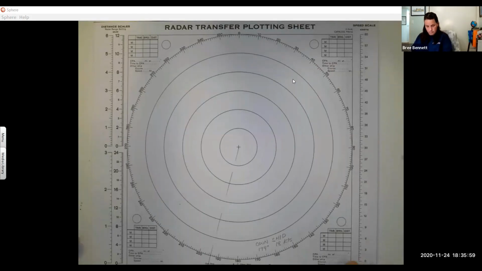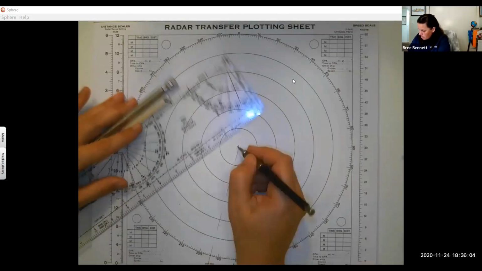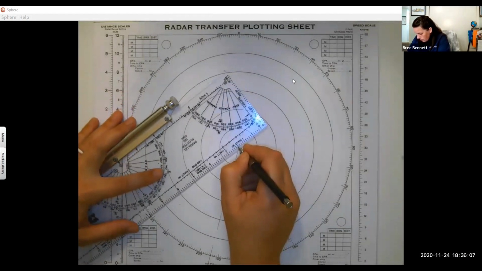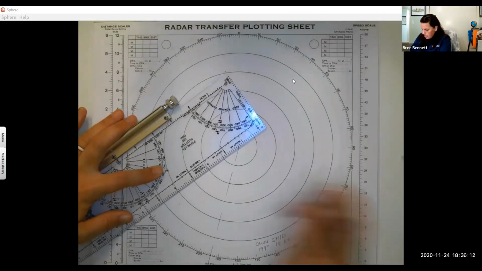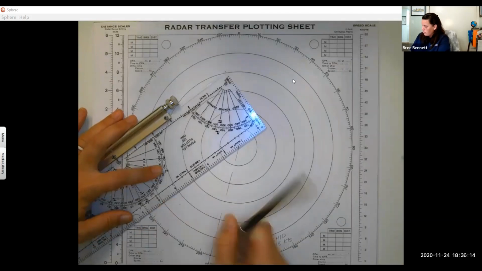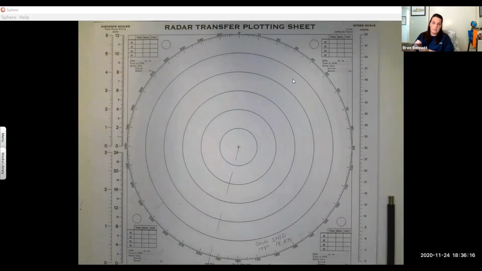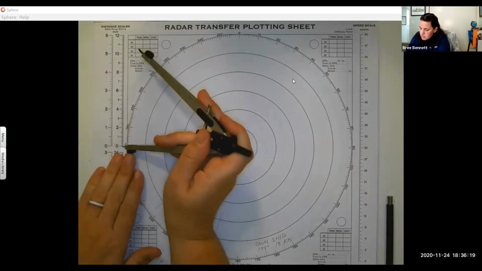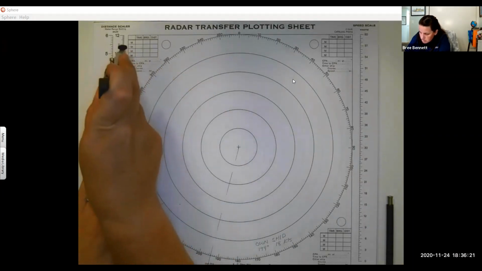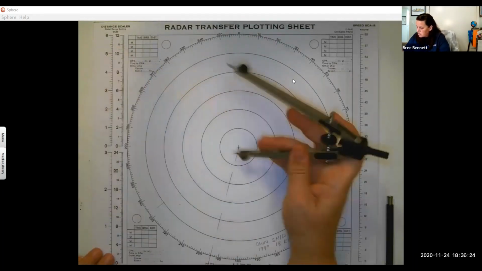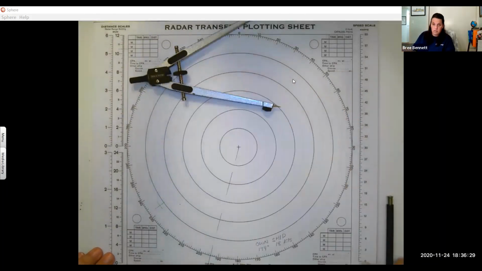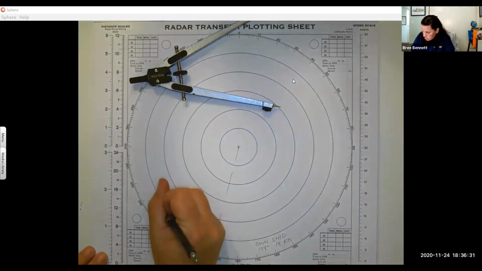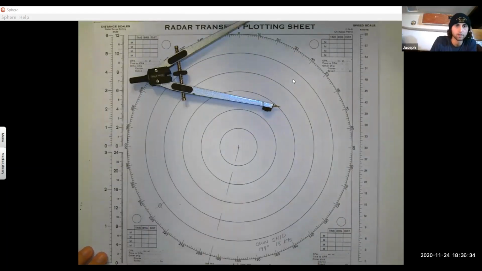Okay. 1225, 233. So we'll get 233 at 10.5. I'm sorry, what were the coordinates again for that one?